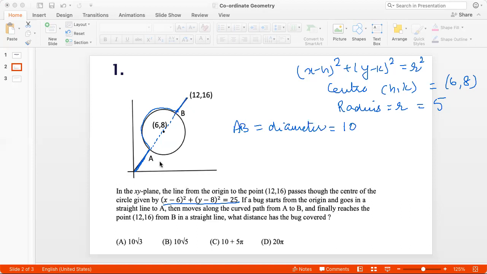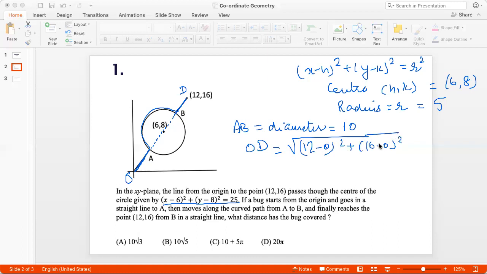Let's call this origin O, and let's call this point D. Let's say the bug went in a straight line, OD, without taking the curve. Suppose it went through the circle in a straight line. Then what would OD be? OD would be the square root of (12 minus 0) whole squared plus (16 minus 0) whole squared.